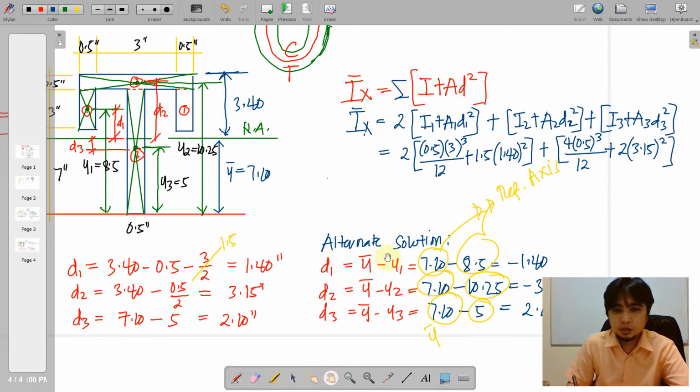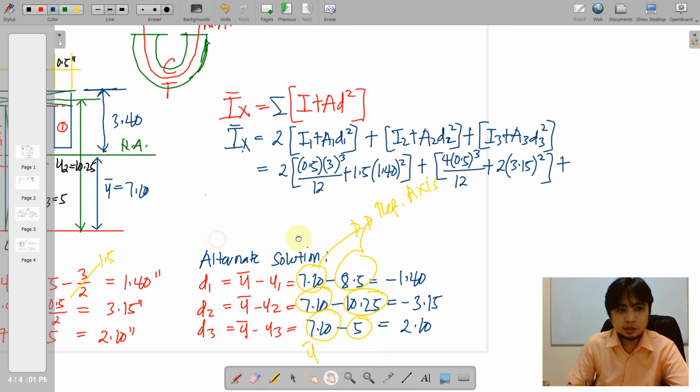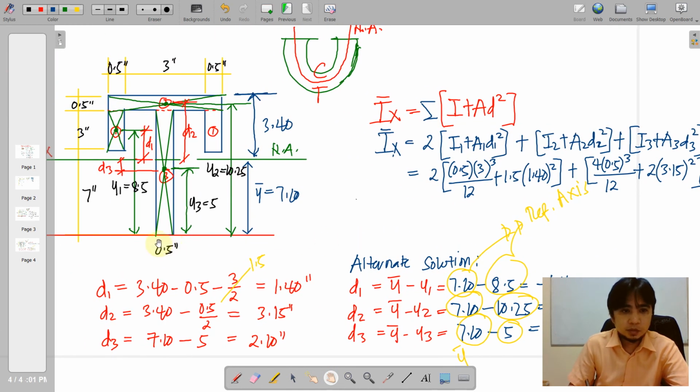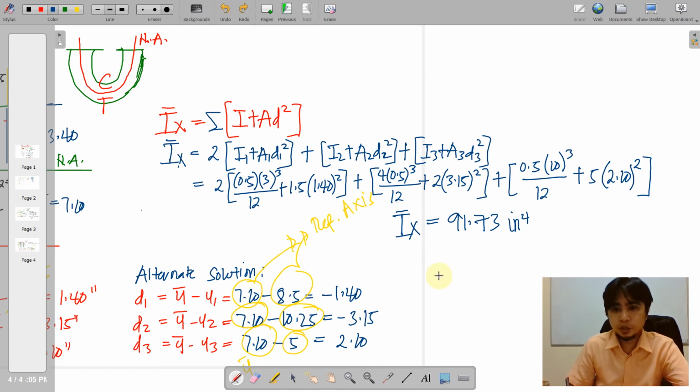And for the third one, the base is 0.5, height is 10, so BH cubed all over 12, plus the area 5 times D3, which is 2.1, squared. Calculating the value, we must be careful. I bar X is equal to 91.73 inches raised to 4.